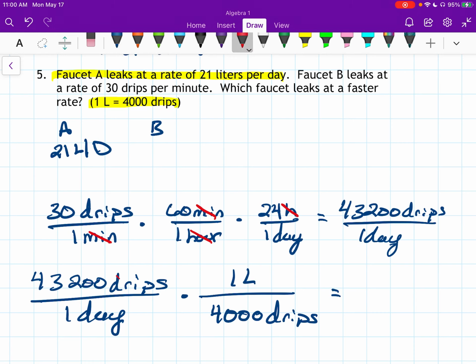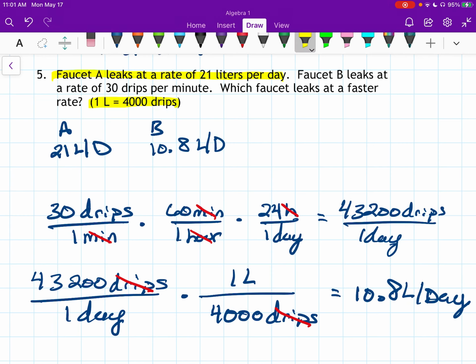So this will cancel my drips out, and then I'd be left with liters. So whenever I multiply this out, I'm going to say 43200 divided by 4,000. And this is 10.8. And what's my units? It is liters per day. So I'm going to put that back up here. This is 10.8 liters per day. So here I have 21 versus 10.8.